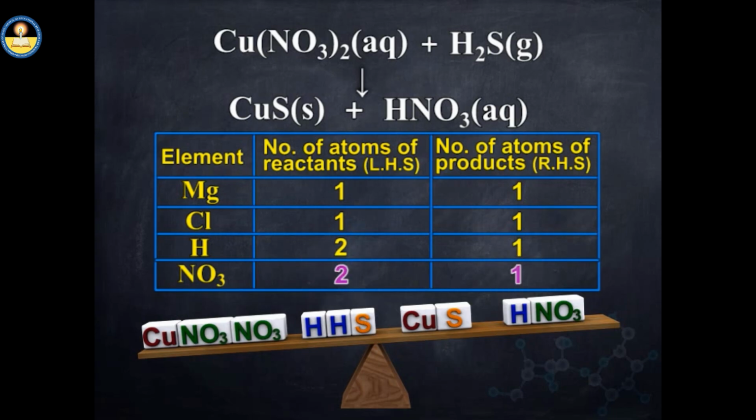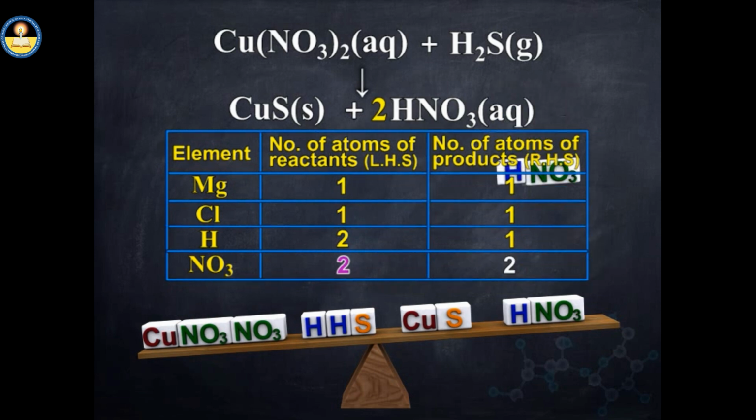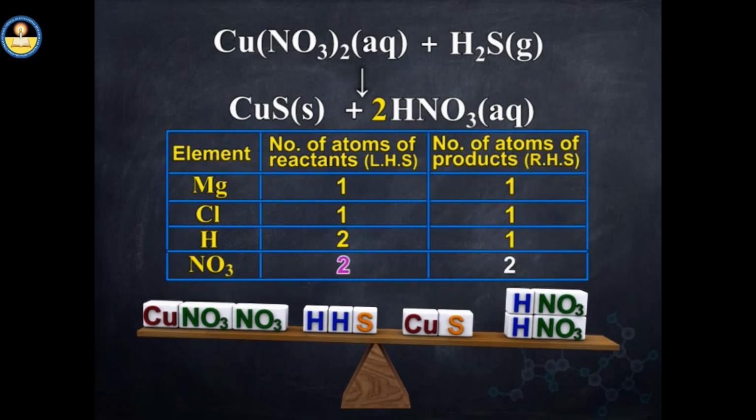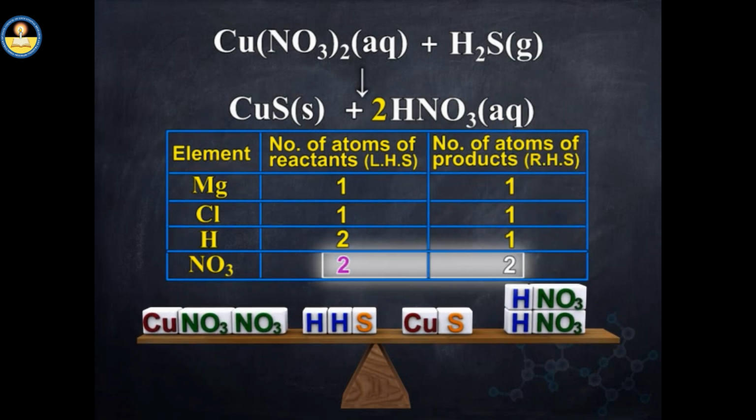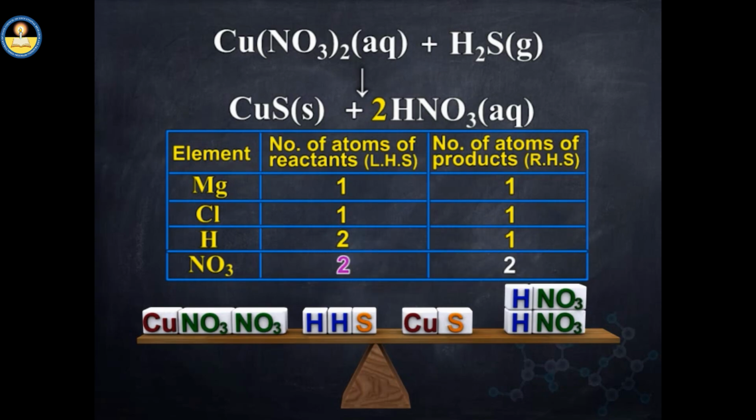We now balance NO3 units by putting 2 before HNO3 and make the equation completely balanced. Cu(NO3)2 in aqueous state reacts with H2S in gaseous state to give CuS in solid state plus 2HNO3 in aqueous state.